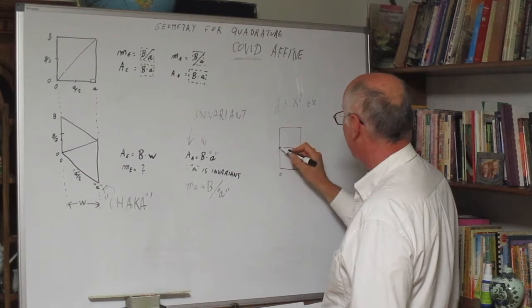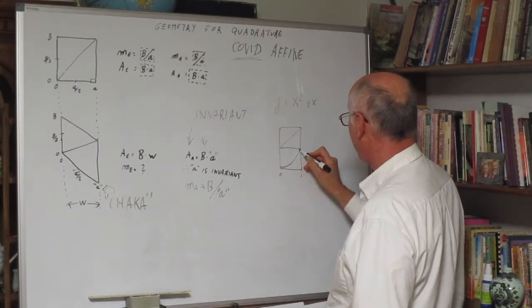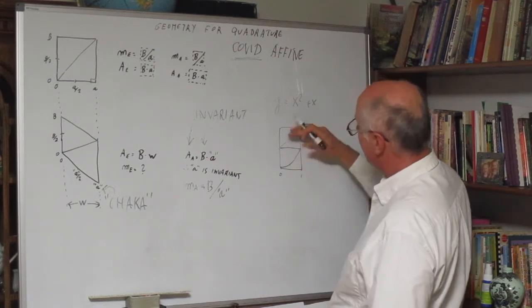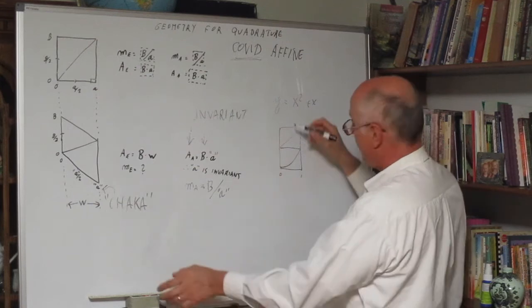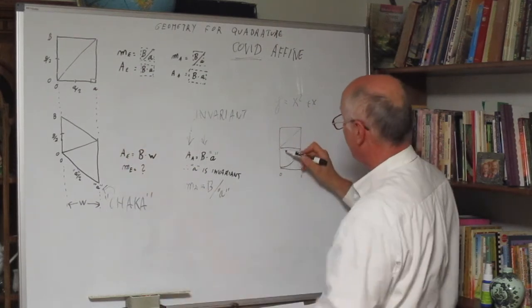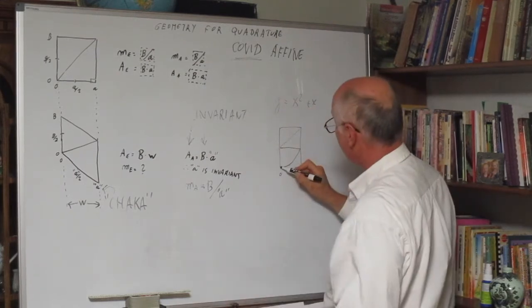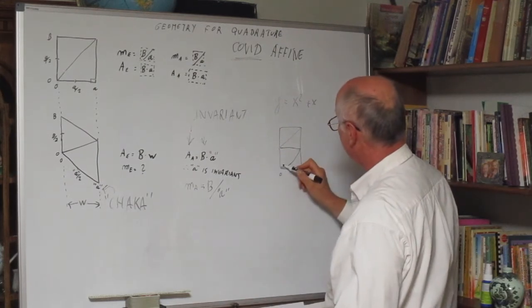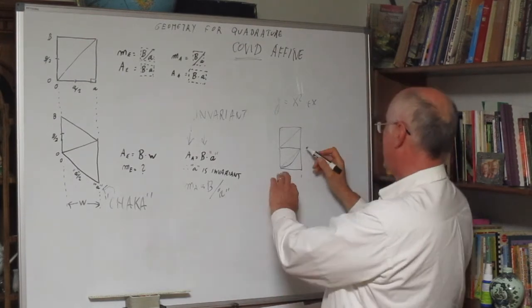So here is this one. And if we just do a straight shift, a linear shift, shift this thing down, then we're going to get kind of like this.